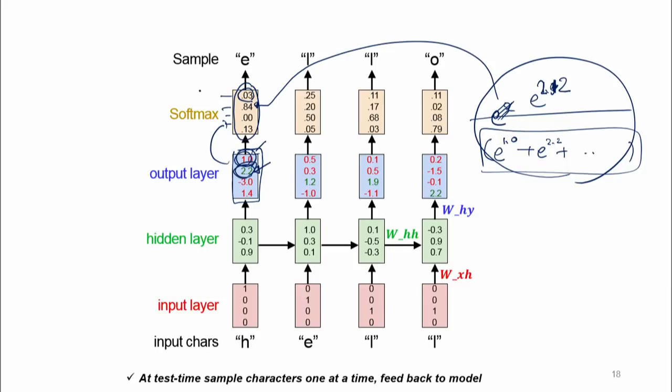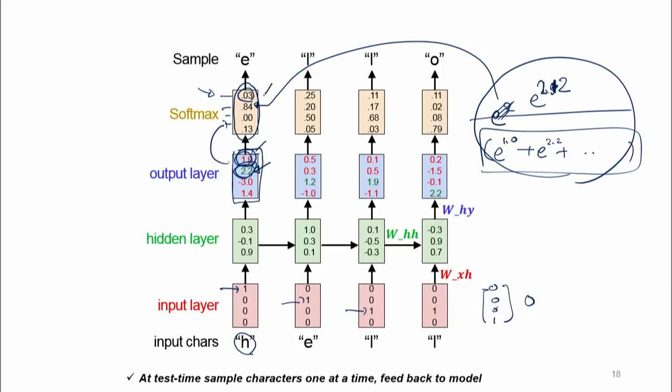And this 4-dimensional output actually corresponds to our dictionary. So we have the 4 elements in our dictionary of H, E, L, and O, which is the one-hot encoding 0001 for O.